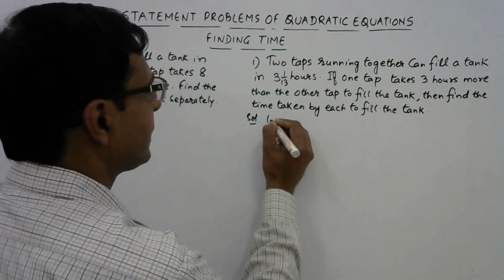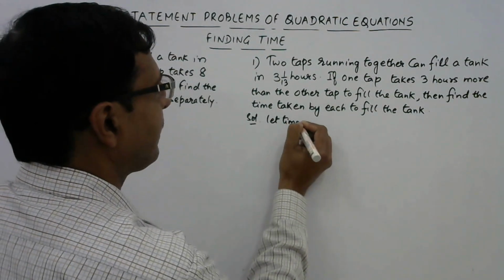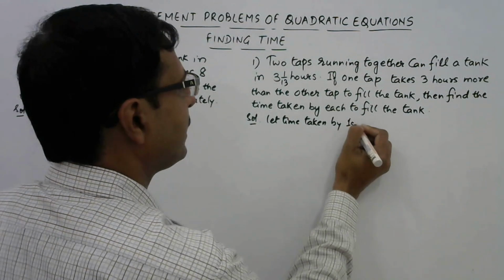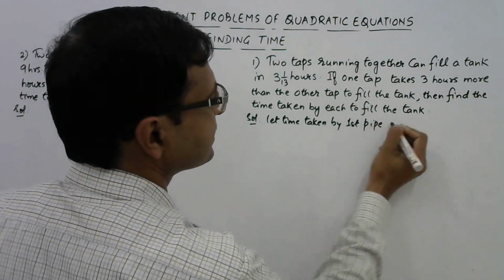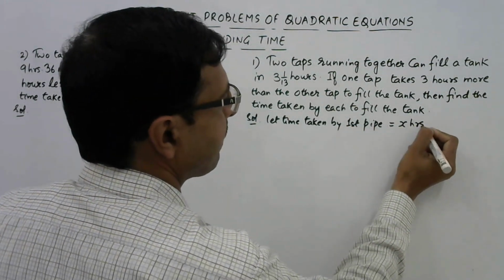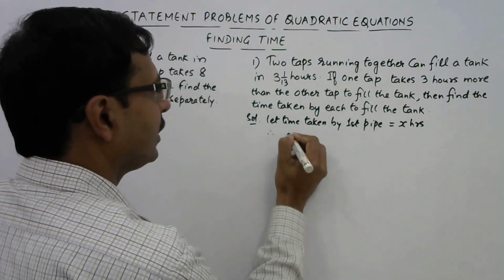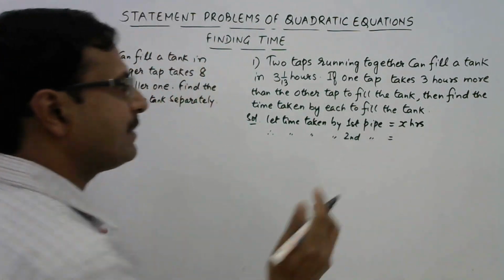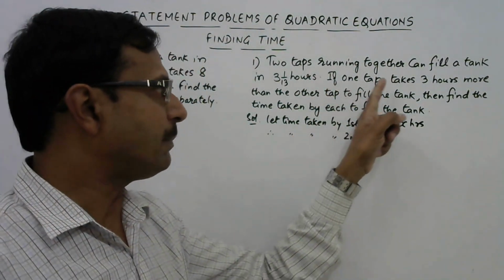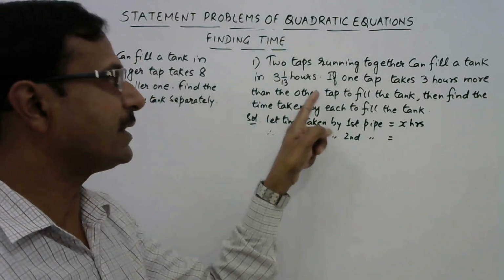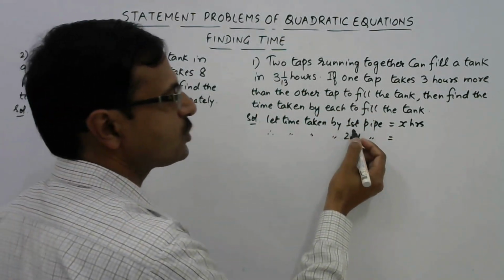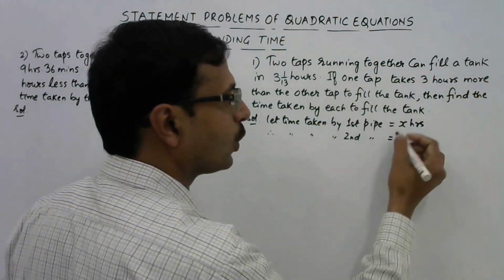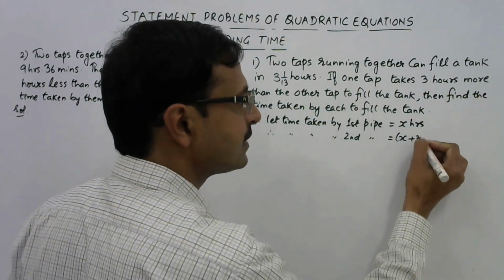So let time taken by first pipe be x hours, and therefore time taken by second pipe. Now comparative time is given. One tap takes 3 hours more than the other. So if first pipe is consuming x hours, then the other one is consuming 3 hours more. So x plus 3 hours.